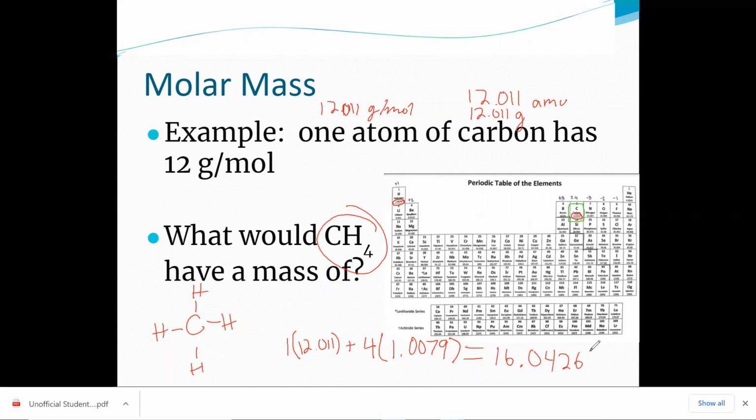Okay, that is the molar mass of that compound, and I figured that out by addition. So this is not going to be very complex. All you have to do is find your elements, find how many of them are in the compound, and add together accordingly.